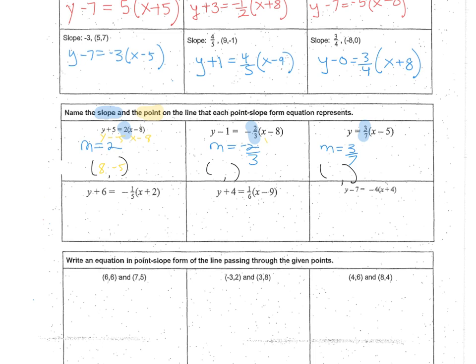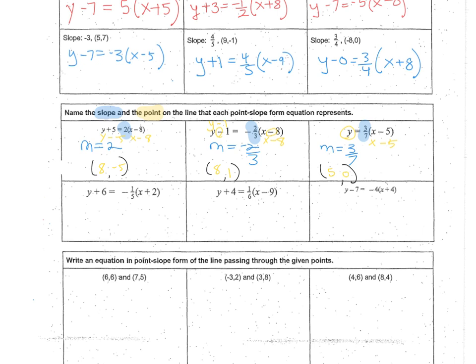Here the x coordinate was 8 and the y coordinate was 1. Neither of these turned into a positive, so both of my coordinates were positive. Here the x coordinate is 5, and the y minus is not there, so that y value was a 0.